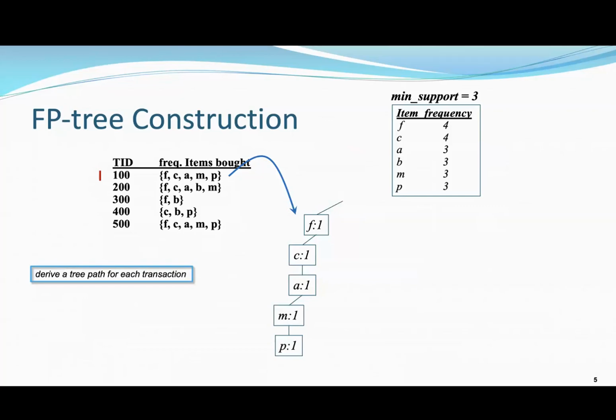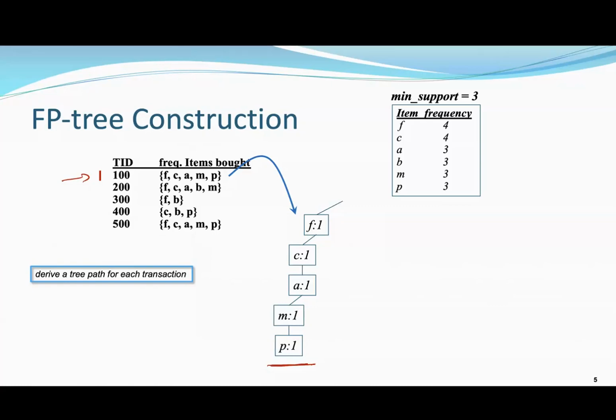For example, for the first transaction here, it is F, C, A, and P. So we construct 1 tree path according to the transaction, which looks like that, right? Now, you notice that each node here is also labeled with an item as well as a count. For the moment, let us ignore these counts. Just look at the labels of the items, which basically are derived from the transactions.